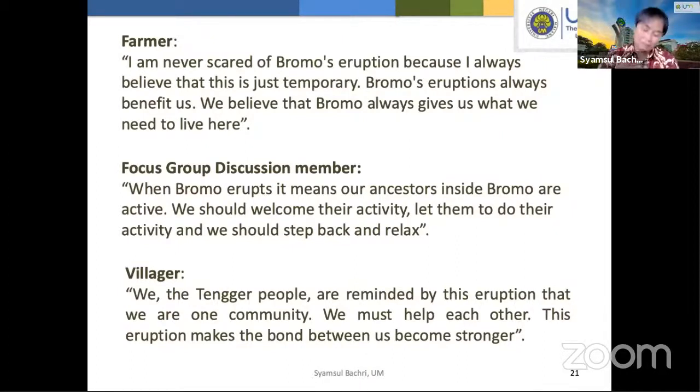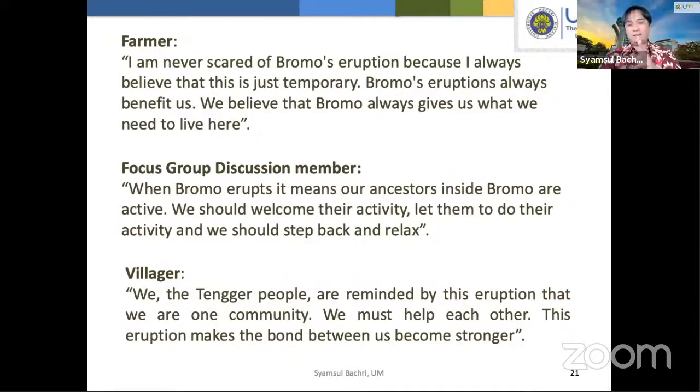But when we are in a bad situation and do not have money, we remember our family. That is why the villagers of Bromo say that this eruption is a reminder for us that we are one community. We should help each other.